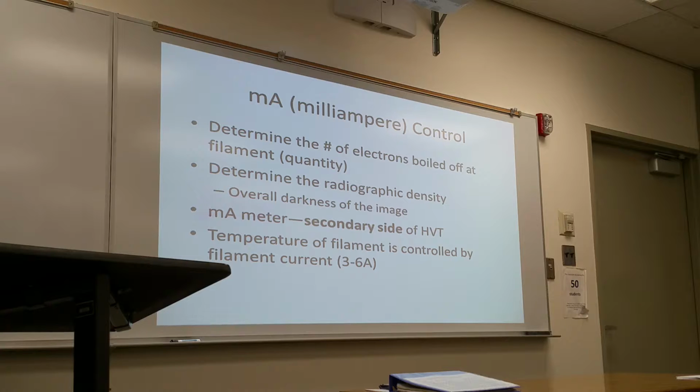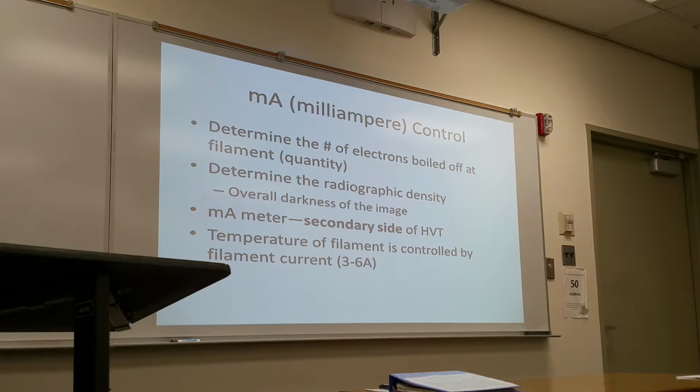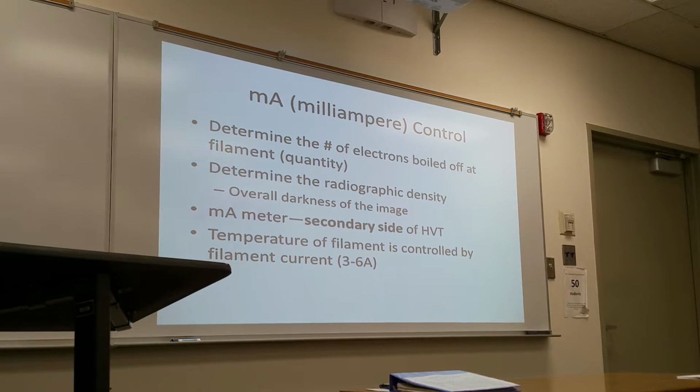So it determines the overall darkness of the entire X-ray film. How dark it is, how light it is. Too much mA can overexpose, so the X-ray film will be completely black, really dark. Too little mA also makes the X-ray film really light.